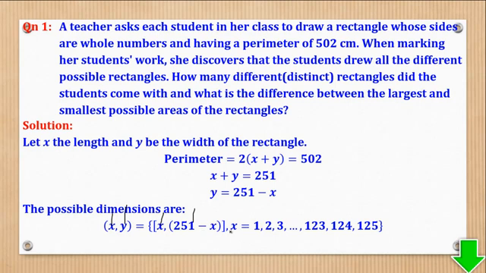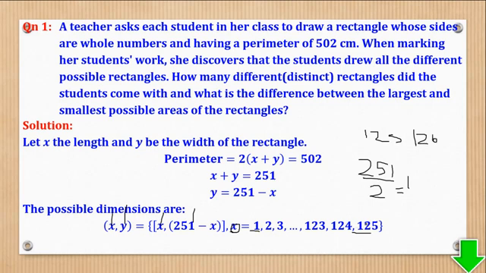Now the possible values of x, or the possible values of the length, are from 1 up to 125. Now why is it so? It is because when I divide 251 by 2 using a calculator, I get 125.5. So there's 125 and 126.